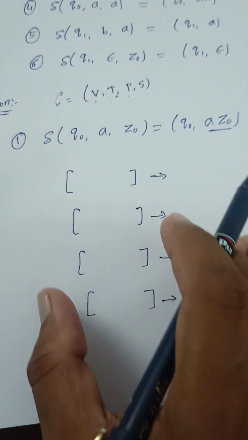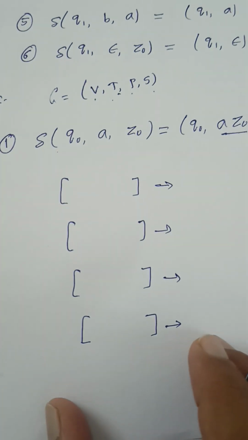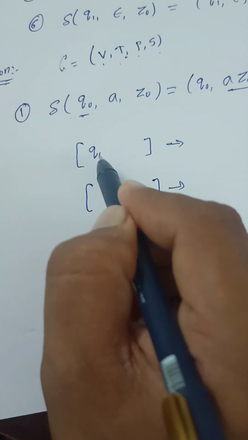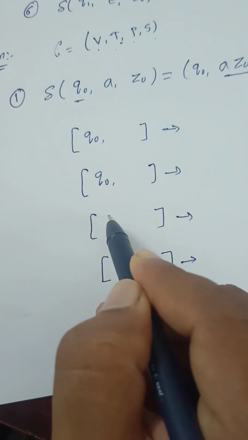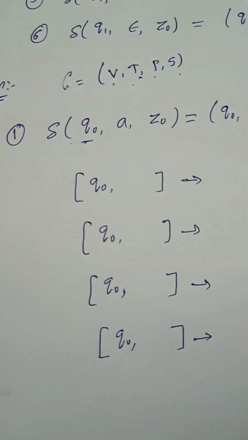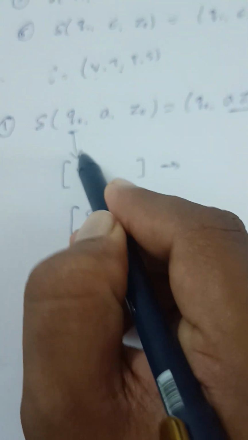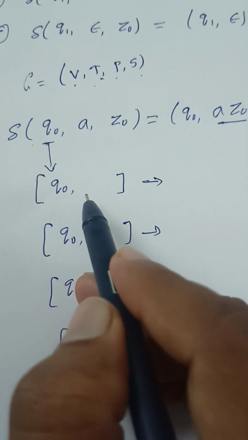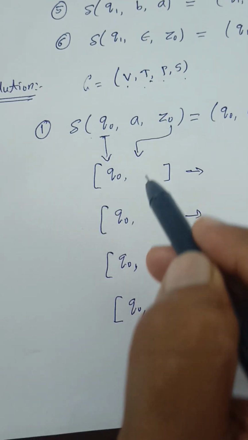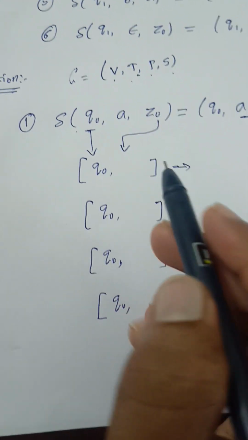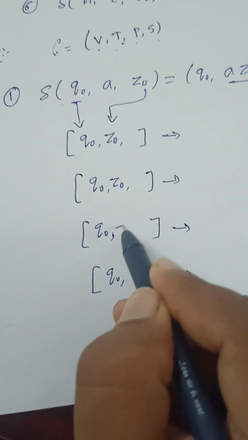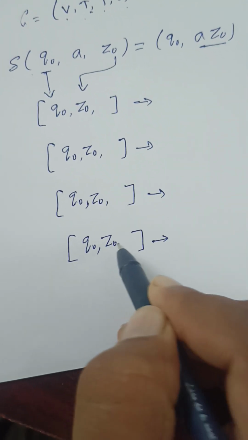Now we will write it very simple. Please observe how to write. The first one is q naught, so please place here q naught, q naught, q naught, q naught. The second field, the middle field, is the stack symbol: z naught, z naught, z naught, z naught.